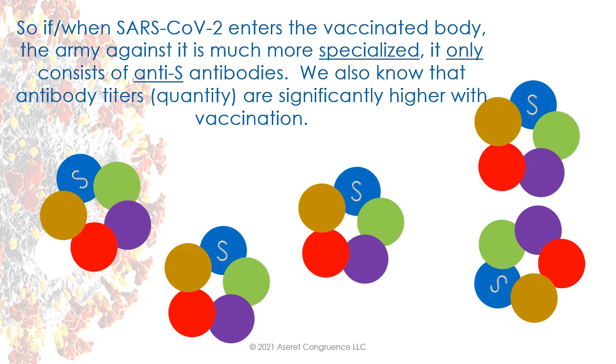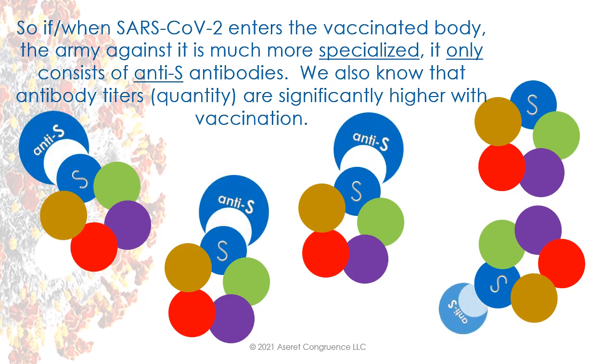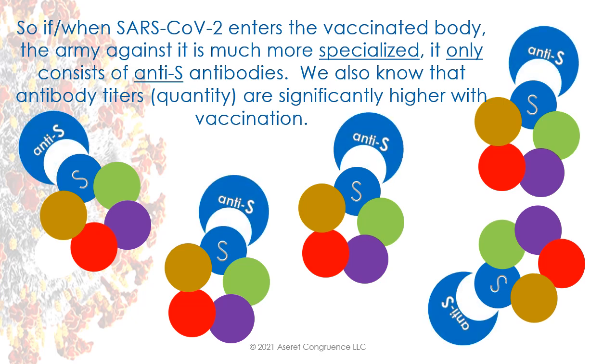So when I'm vaccinated, as opposed to waiting to get SARS-CoV-2 and building an immunity to it, the army that I've produced is highly specialized. It's only anti-S antibodies. Therefore, all the soldiers that I have know exactly what to do. They aim and they take care of the virus.